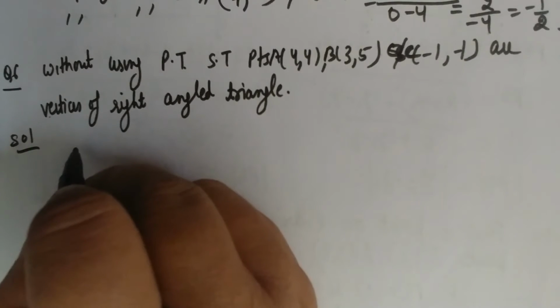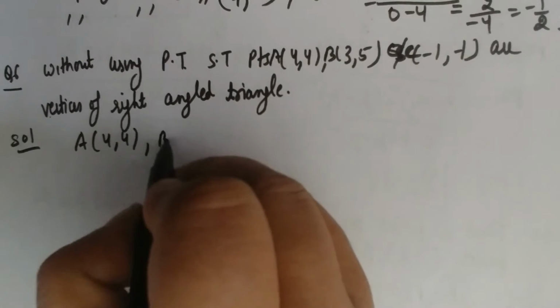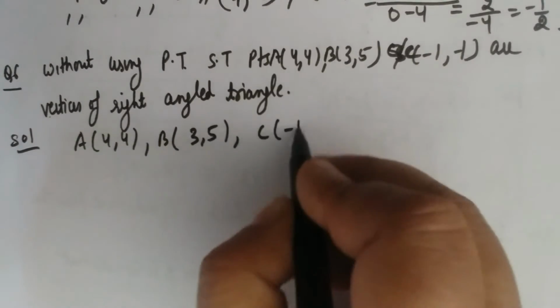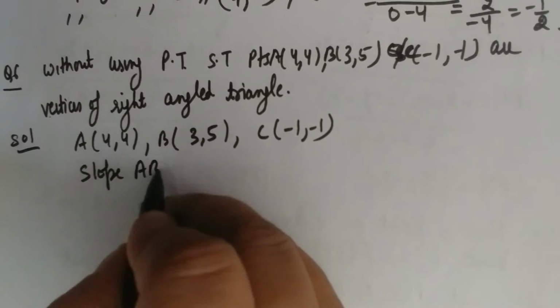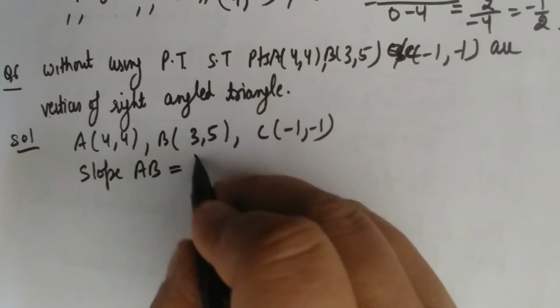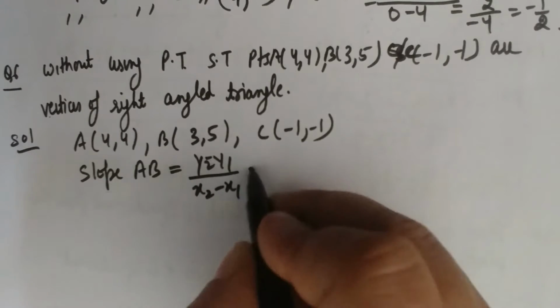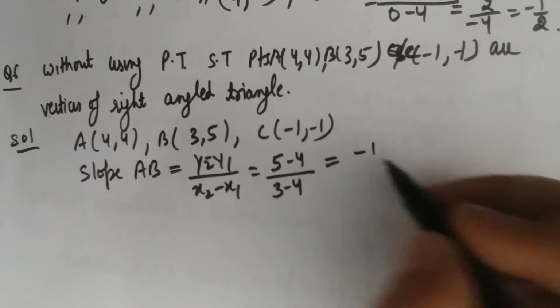Firstly, I'll take the point A as (4, 4), B as (3, 5) and C as (-1, -1). So what is the slope of AB? Slope of AB, using y2 minus y1 upon x2 minus x1, will be 5 minus 4 divided by 3 minus 4, that is -1.